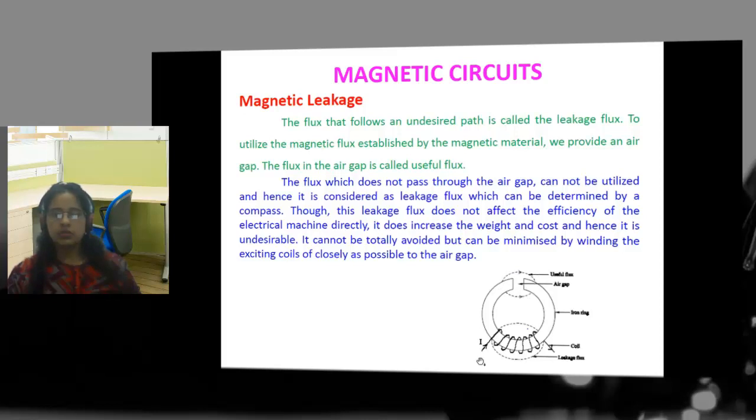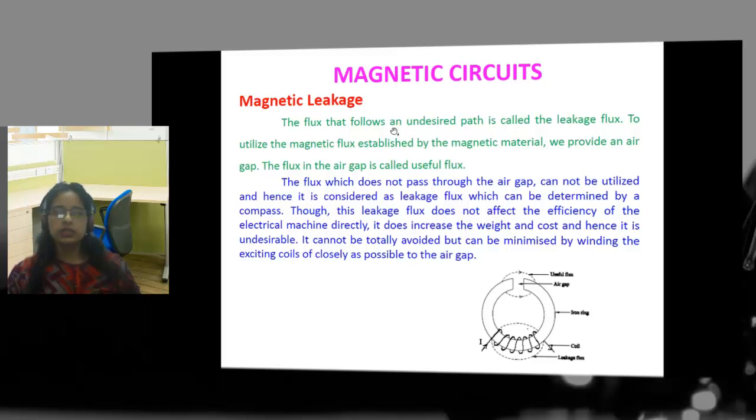Here is the air gap, and this is the iron core. On this iron core, conductors are wound and it has become a coil. This is the useful flux, the air gap, and this is the iron.